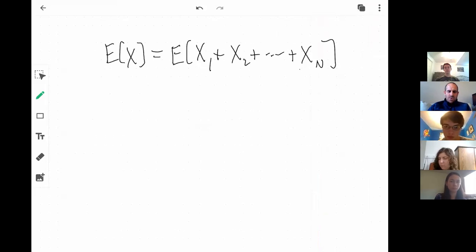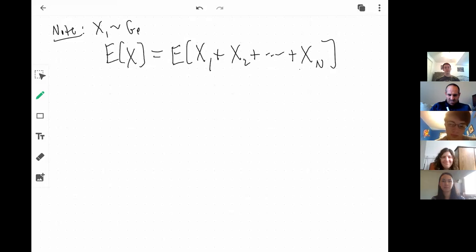Okay. And by the way, even x1, let me just put a little note right here. Note, x1 was also stupidly a geometric, but it was really stupid geometric. You understand? What geometric was it? It was geometric with proportion of success equal to 1. I could write it as n over n even, which is 1.